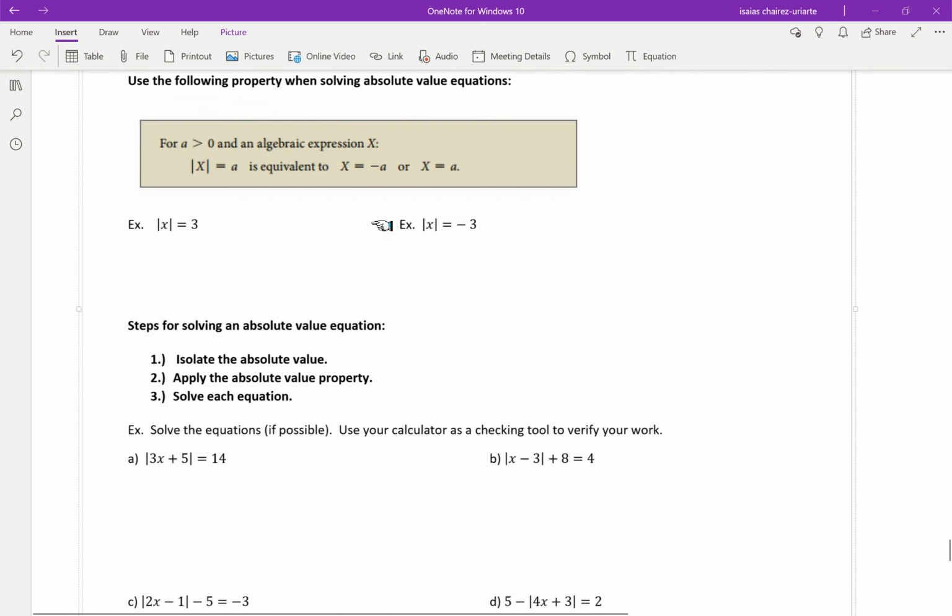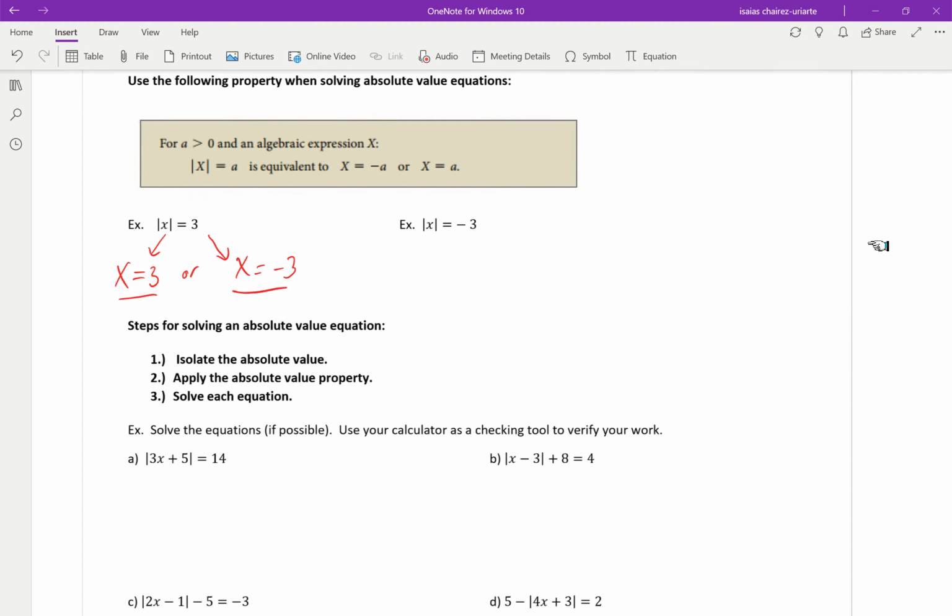Okay, let's get into this first little example here. The absolute value of x equals 3. What that is asking is what numbers on the number line are 3 units away from 0? There are two, negative 3 and positive 3. So this breaks up into two equations, x equals 3 or x equals negative 3.